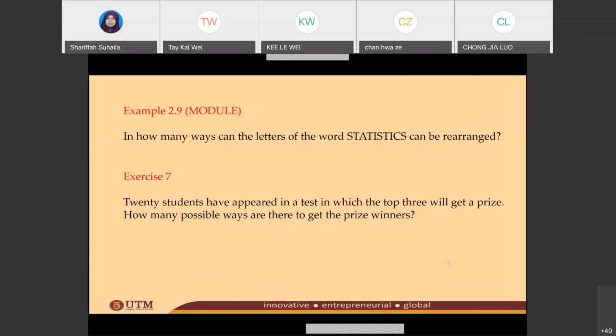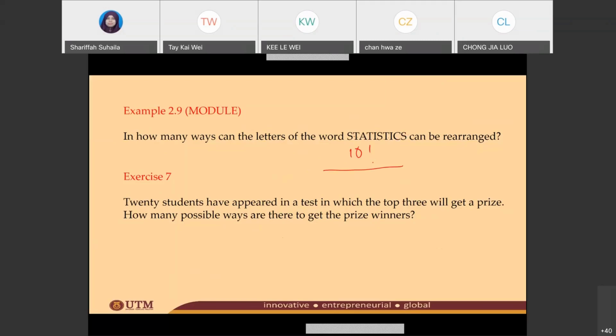Now you refer to example 2.9 in your module. How many ways can the letters of the word statistics be rearranged? We have the word statistics, and all together you have 10 letters, so you have 10 factorial. Then divide because there are identical objects.